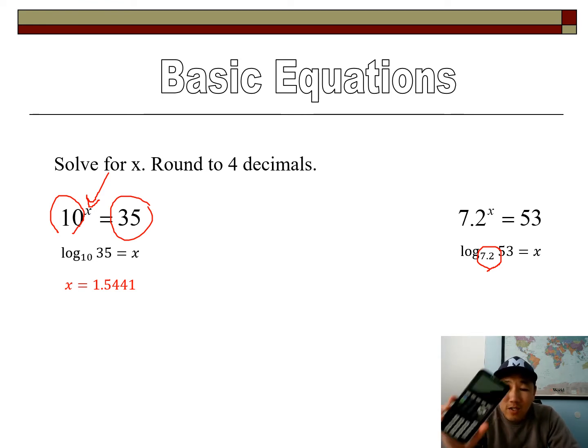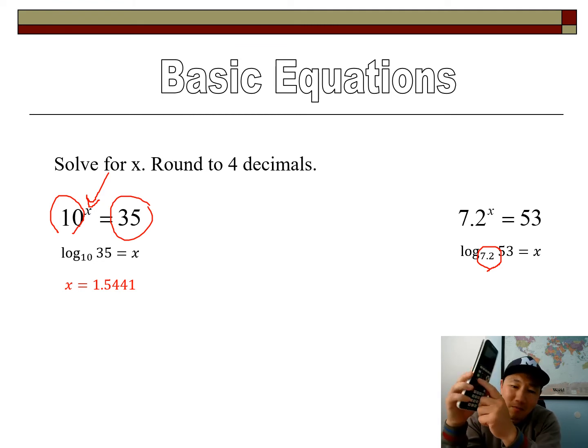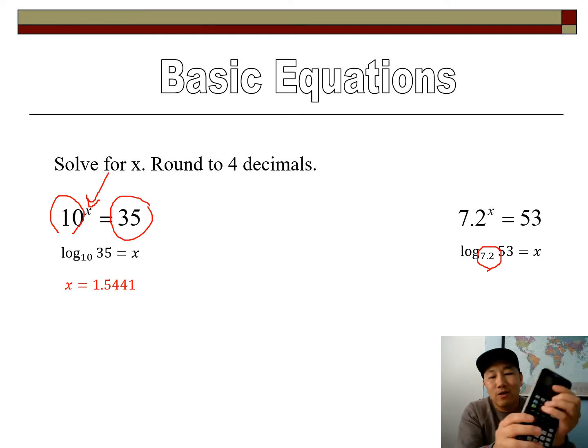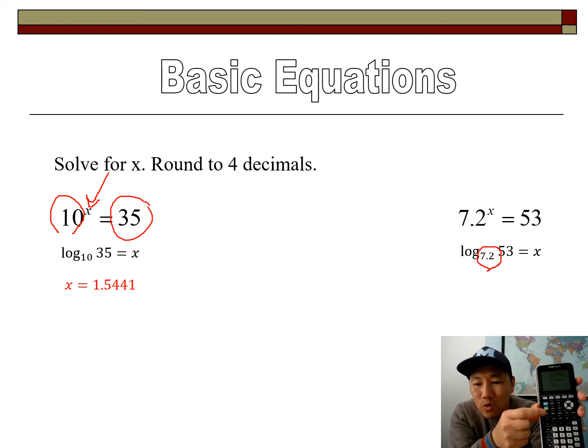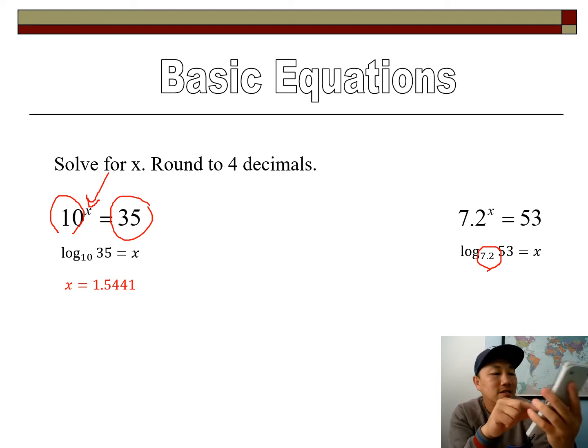For those of you guys who have a newer graphing calculator, you can go to the math button. There's a math button right here. And then once you go to the math button, you scroll down until you see something that says log base.